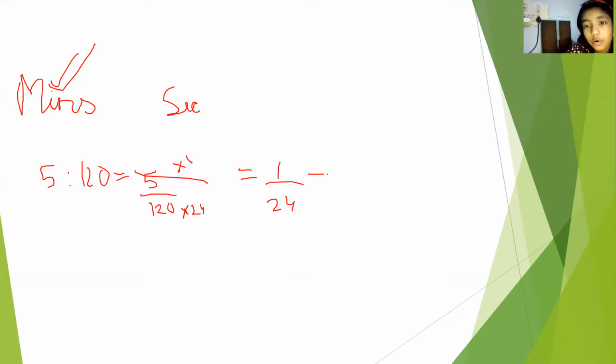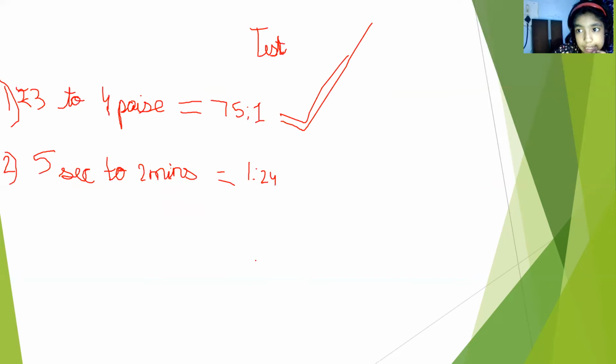So 1 by 24 will be written as 24 by 1, 24 ratio 1. Wrong. It will be written as 1 ratio 24. This is what most children get confused in, and you are one of those children. So according to this, is this answer correct? Yes, it is also correct.